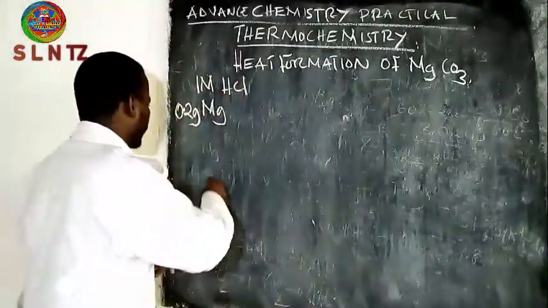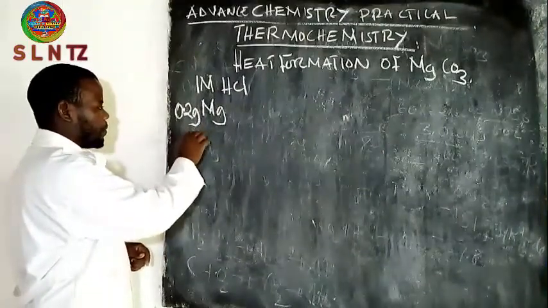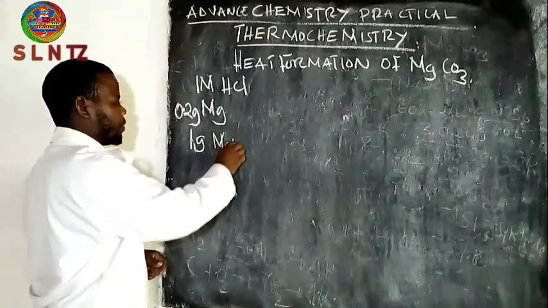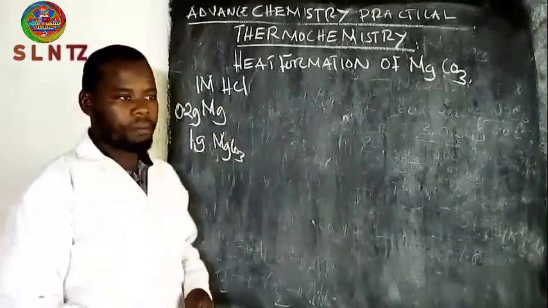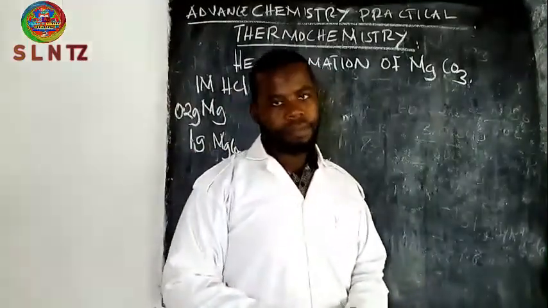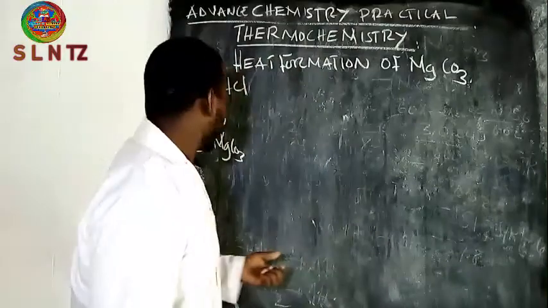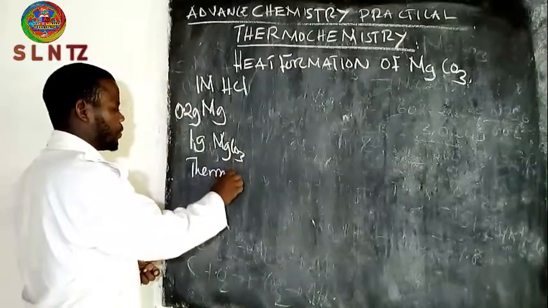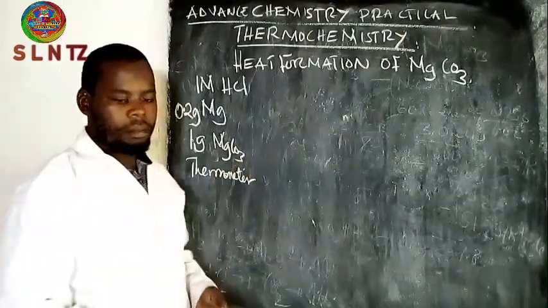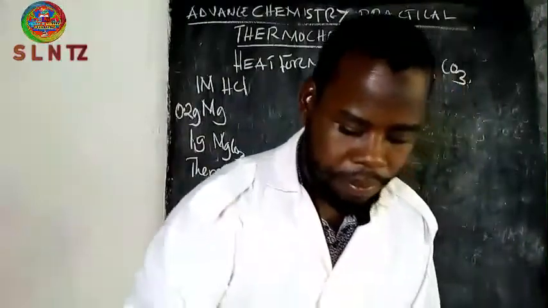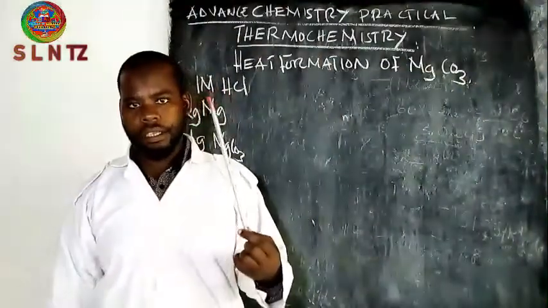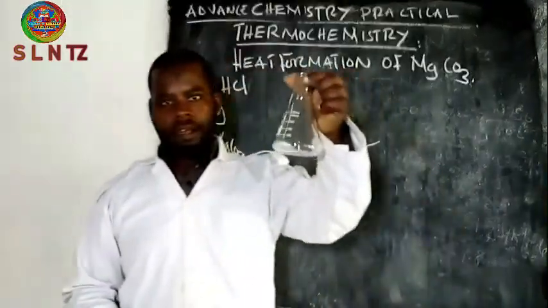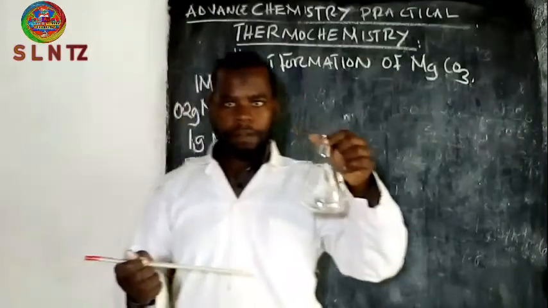Another material we have is 1 gram of magnesium carbonate. Those are the materials. Another item we have is a thermometer, which we are going to use to measure the heat, and a conical flask which we are going to use to perform the experiment.